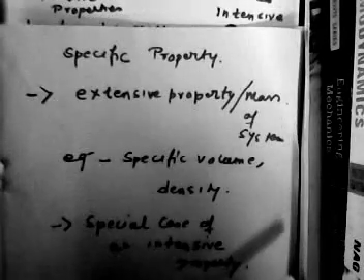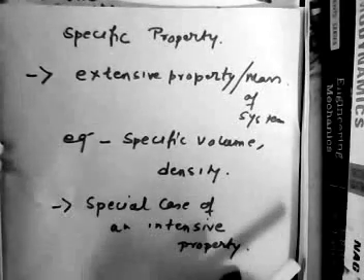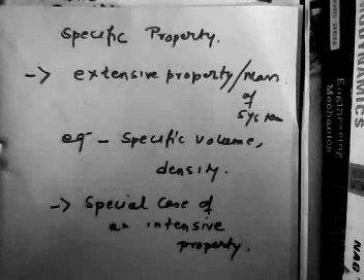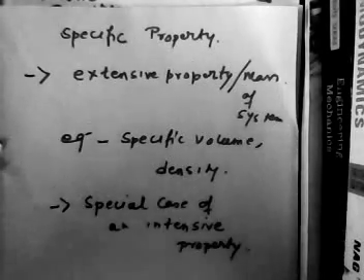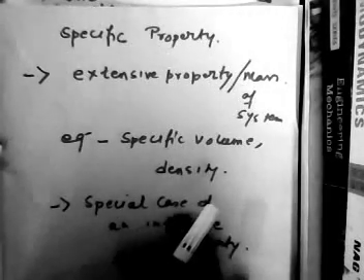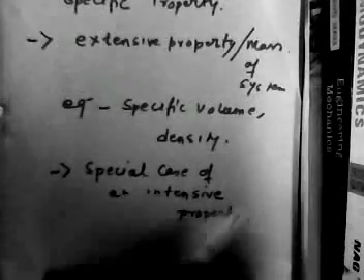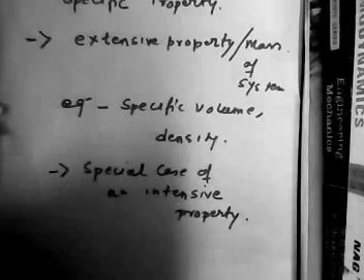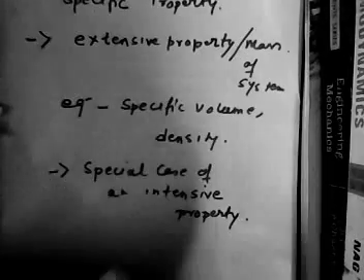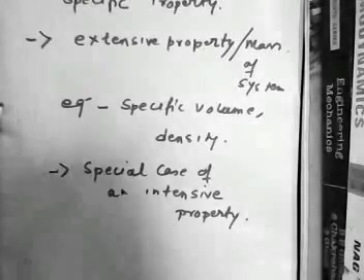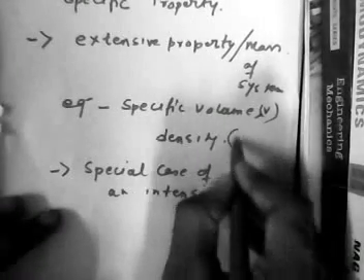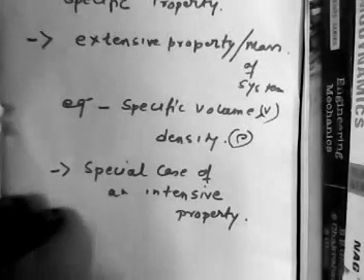So the specific properties will be a special case of intensive properties. Another thing is that they are denoted by lowercase letters. For volume it will be small v, for density it will be rho.